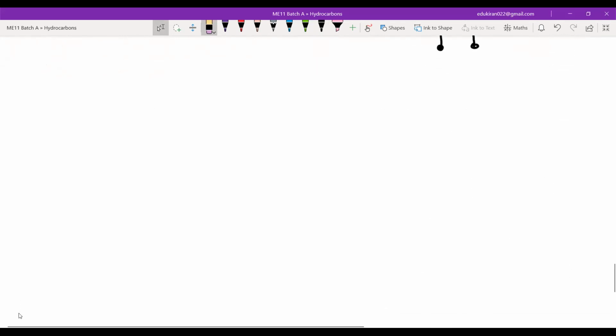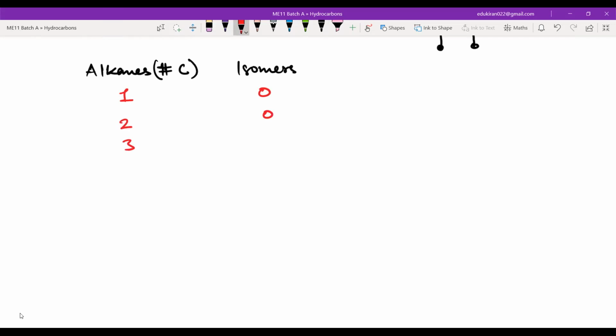You will have to write the name. Now, for alkanes, let me write it like this: alkane, and rather than alkane, I'm writing the number of carbon atoms, and here are the isomers. If the alkane contains 1, 2, or 3 carbon atoms, there are 0 isomers.